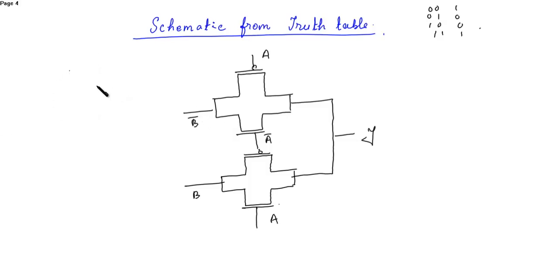So what we will do, we'll add two more inverters over here. This is inverter 1, this is inverter 2. Okay, this is input A, this is the output A bar. Similarly, we need one more inverter.